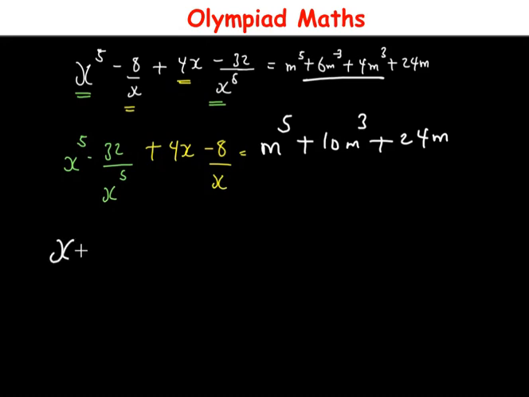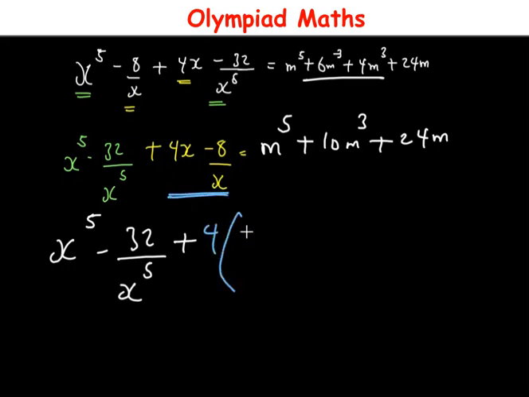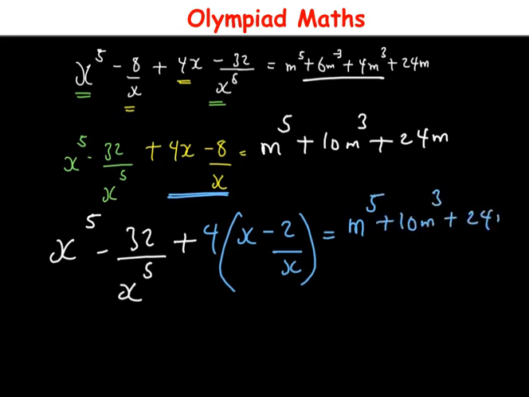So we have x⁵ minus 32 over x⁵, then plus, factorize out 4 from this. We have 4 into bracket x minus 2 over x, and this equals m raised to power 5, then plus 10m³ plus 24m.